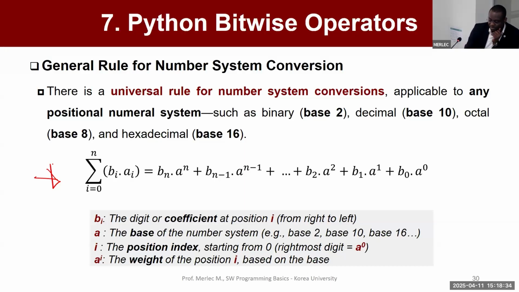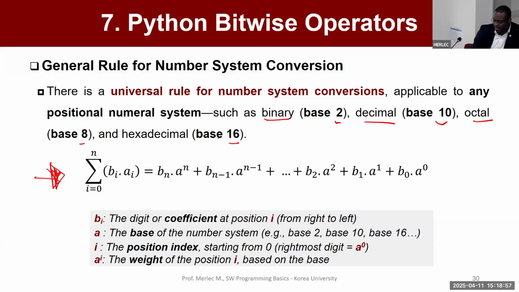You can use this rule and apply it without any problem. It works for any positional number, whether it is binary with base 2, decimal, which is commonly used, with base 10, octal with base 8, or hexadecimal with base 16.